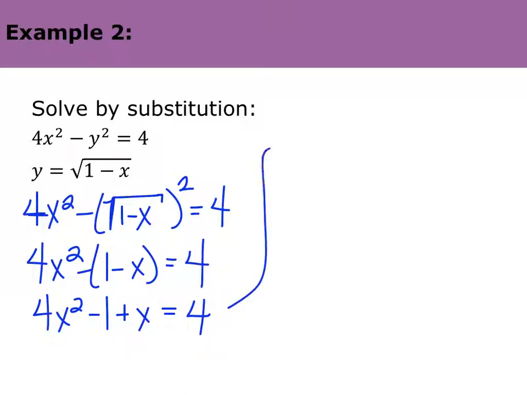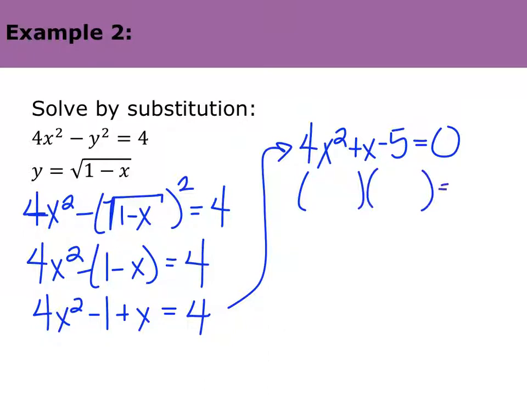And then we'll rearrange things a bit. So we've got 4x squared plus x minus 5 equals 0. Factor that to be 4x plus 5 and x minus 1.